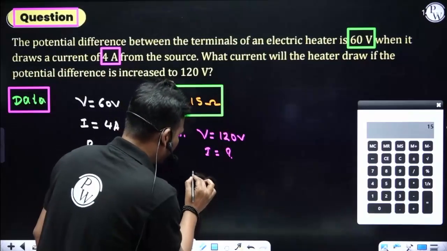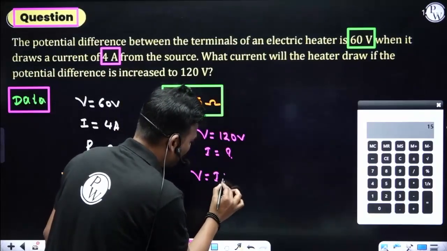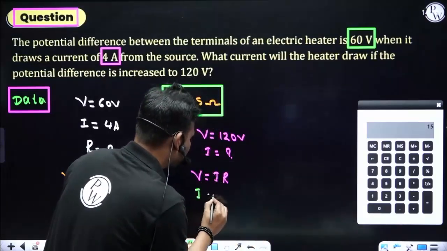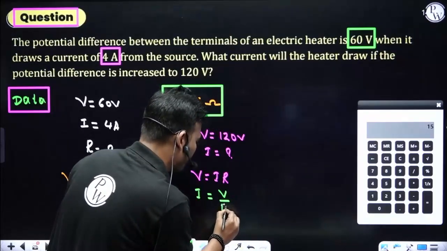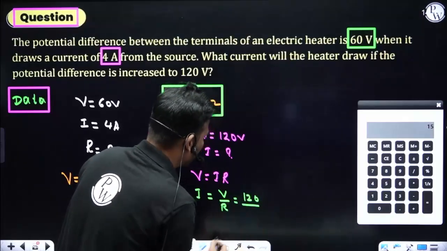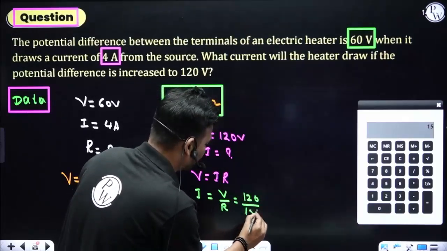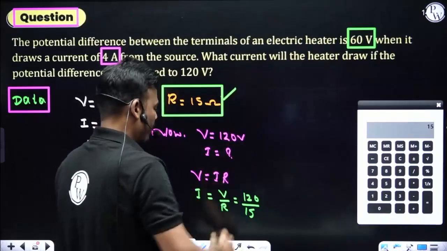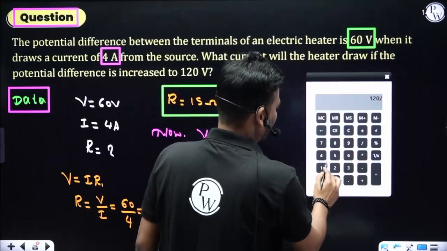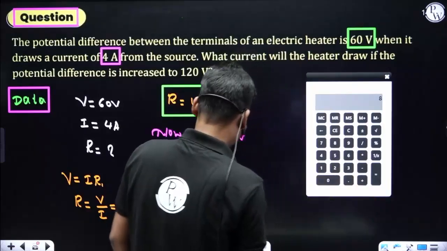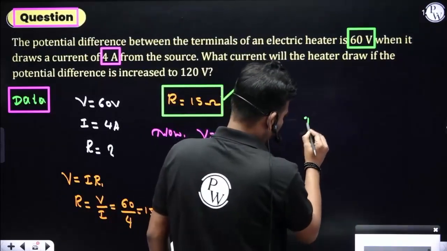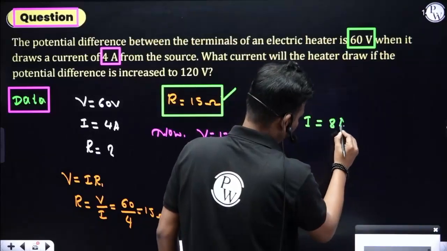By Ohm's law, V equals I into R, and here I need the I value. I equals V divided by R. V is 120, divided by R, that is 15. So 120 divided by 15 is 8. Finally, you have the current value as 8 ampere.